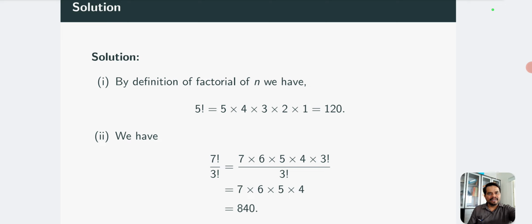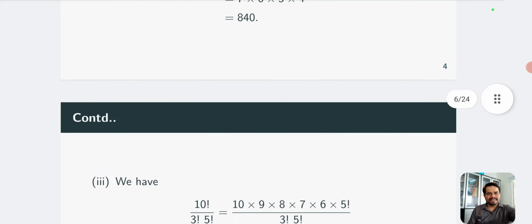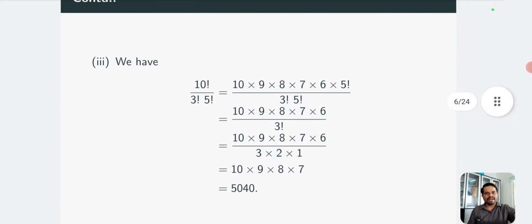See a parallel example: find 10 factorial divided by 3 factorial into 5 factorial. Now you can apply the definition of factorial to expand 10 factorial only up to 5 factorial. So it is written as 10 into 9 into 8 into 7 into 6 into 5 factorial, because 5 factorial is already in the denominator.